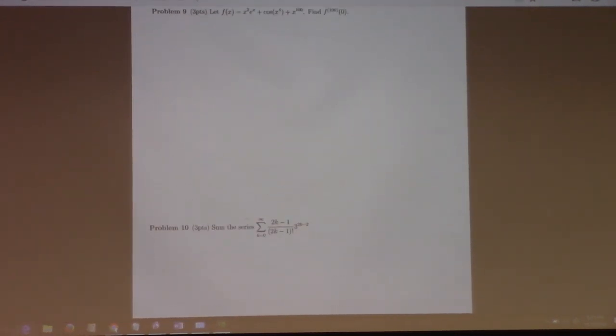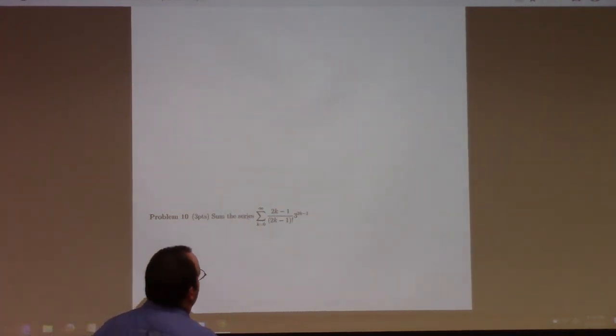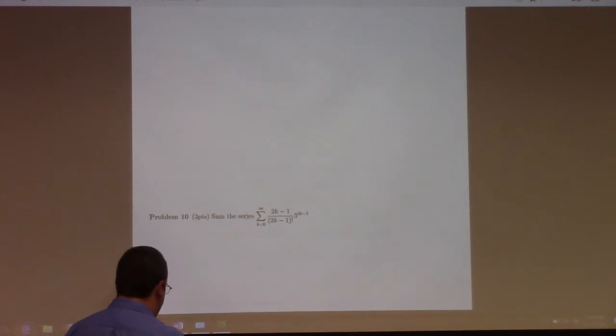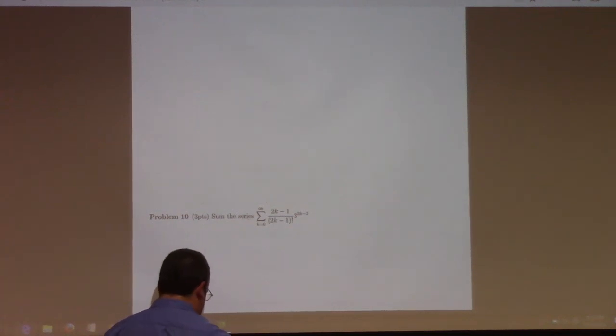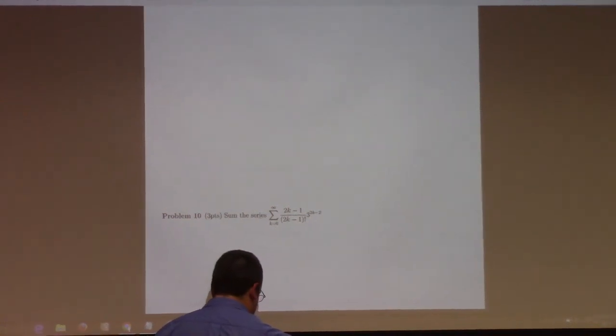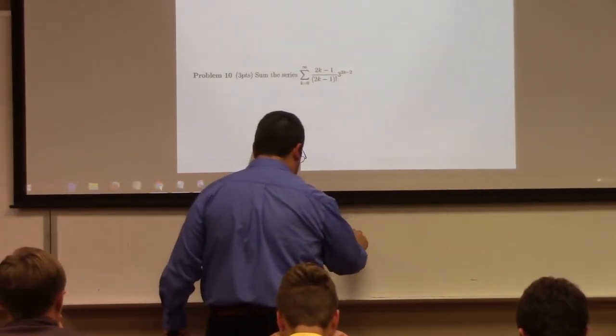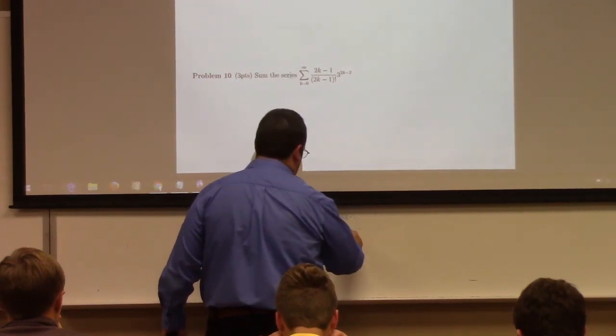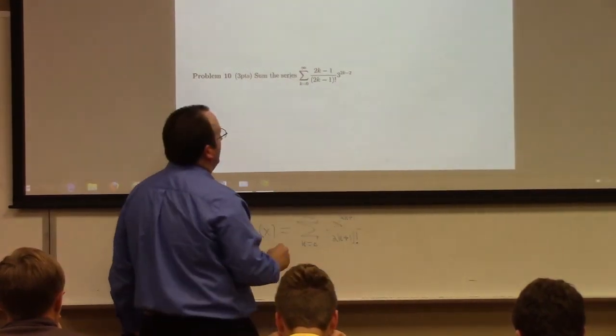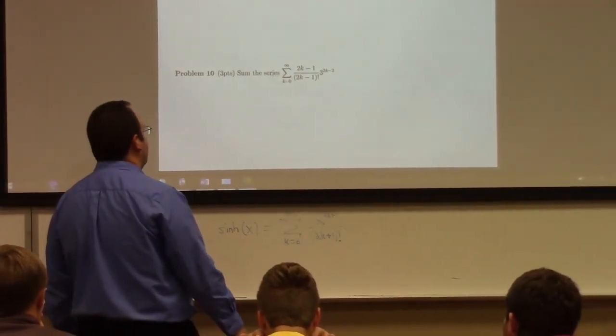So for you guys, I traded up the last one. I made it this thing, right? If you take the sinh of x, it is the sum k equals 0 to infinity, x to the 2k minus 1 over 2k minus 1 factorial. Oh, plus 1 rather. Did I?